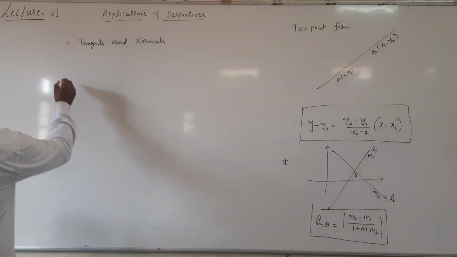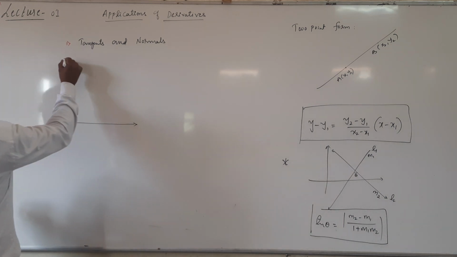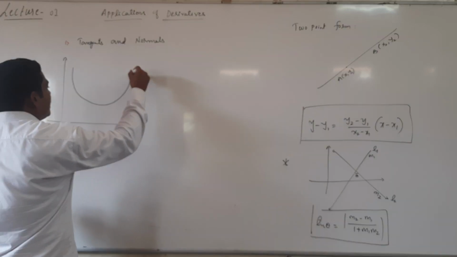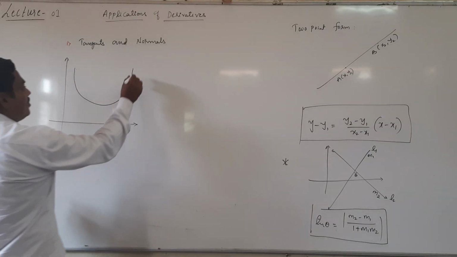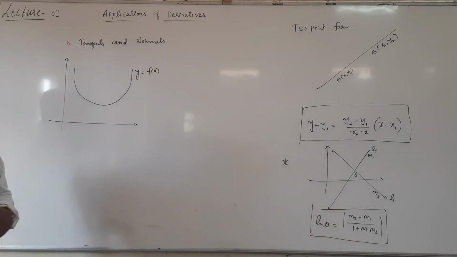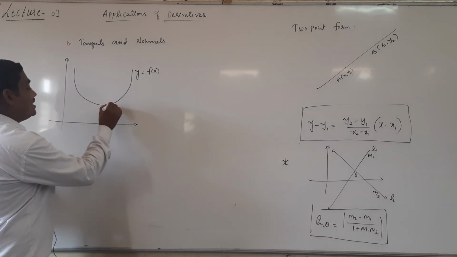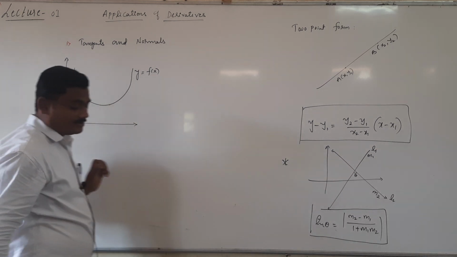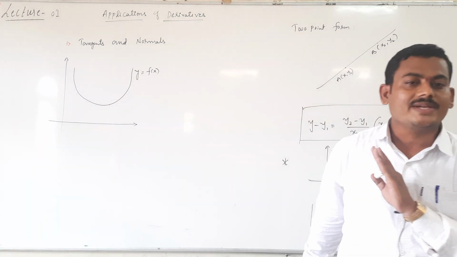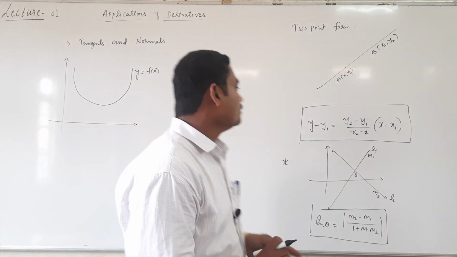Tangent line and normal line. This is our two-dimensional plane and this is y equal to f of x, any curve, means any function. Tangent is a straight line. Normal is also a straight line. Line in the sense straight line only, right?